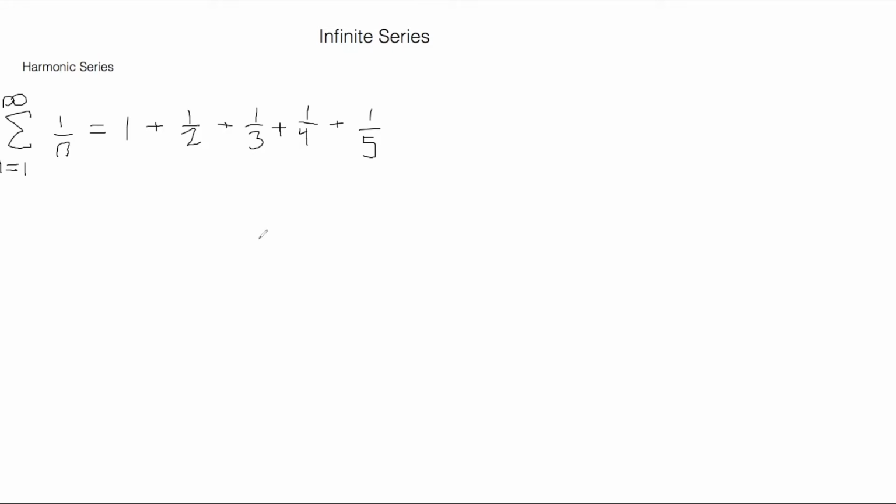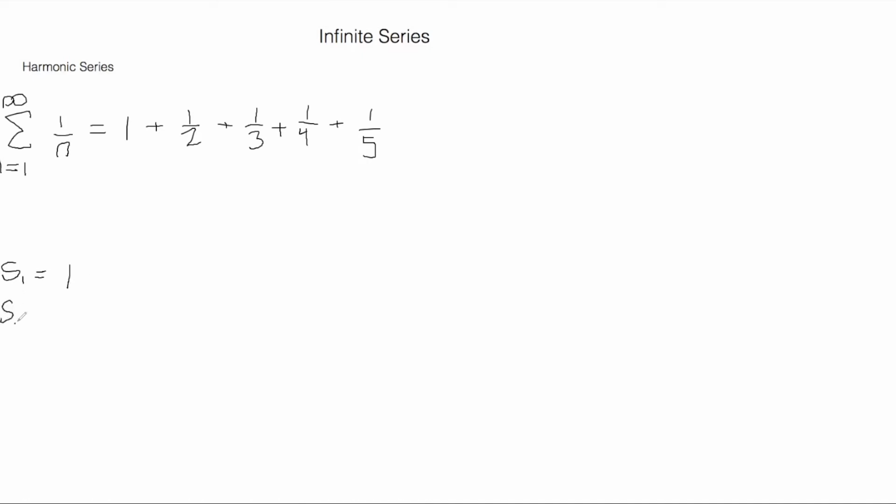So let's see here. Let's see what happens if we add together maybe the first few terms. Let's start with maybe a partial sum of just 2 terms. We'll just start with S of 1. So S of 1 would be the first element.